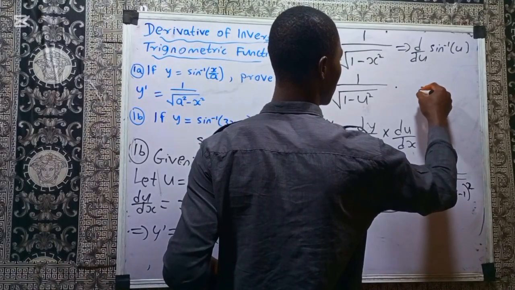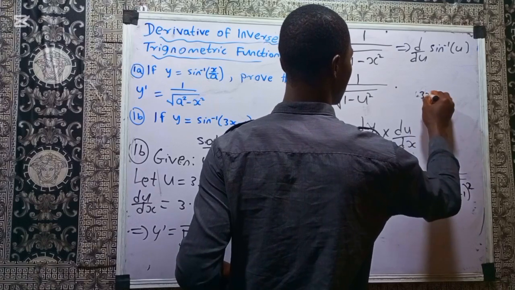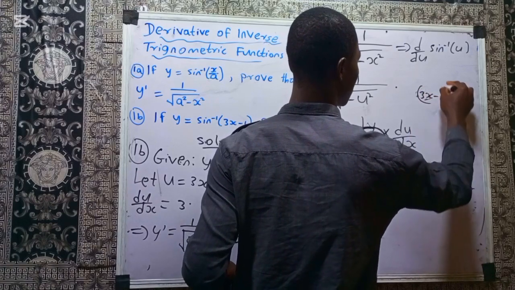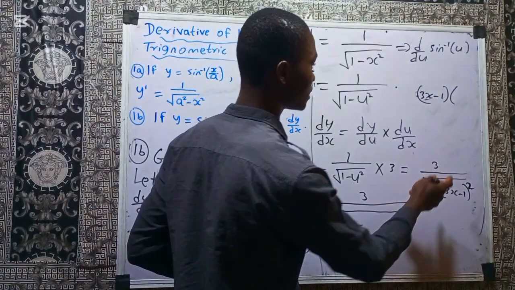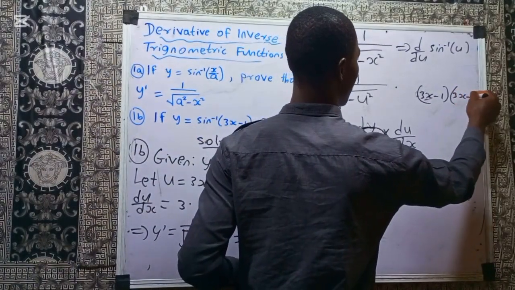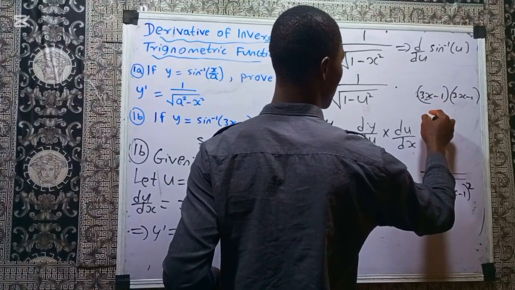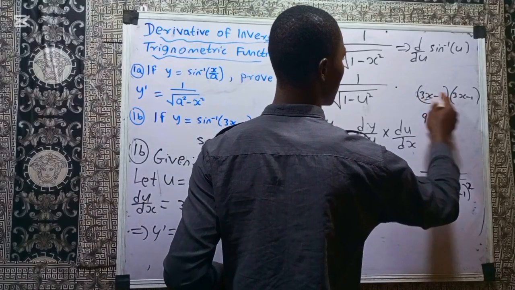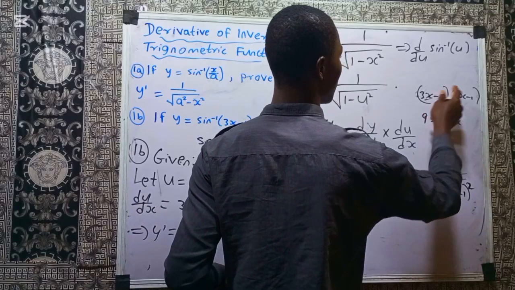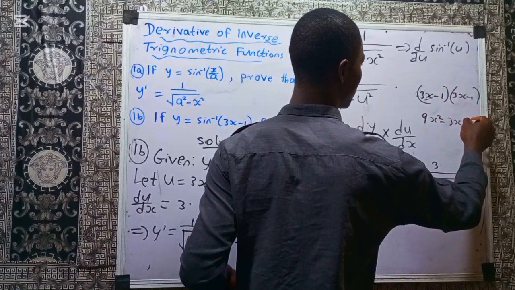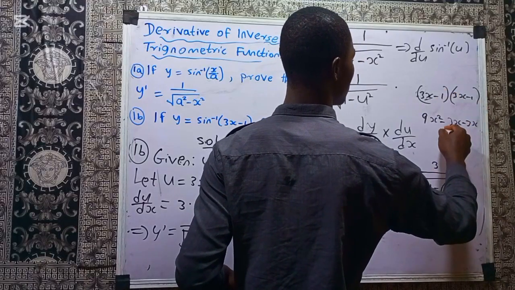If you expand, (3x minus 1) squared is (3x minus 1)(3x minus 1), right? 3x multiplied by 3x gives 9x squared. 3x multiplied by negative 1 is negative 3x, and negative 1 multiplied by 3x is negative 3x. Negative 1 multiplied by negative 1 is positive 1.